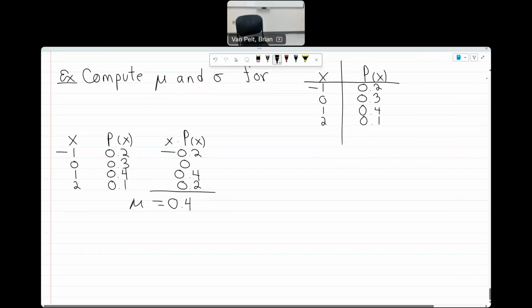Does it matter if you add on the zeros? No. Okay, but I'll be doing it there.